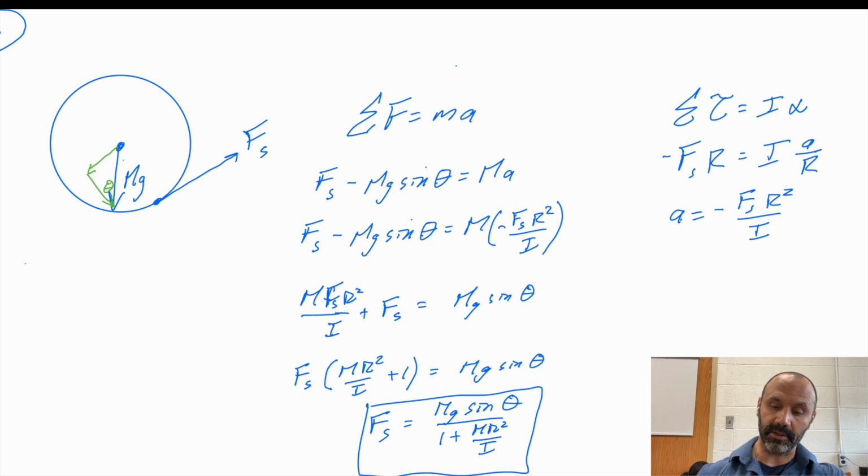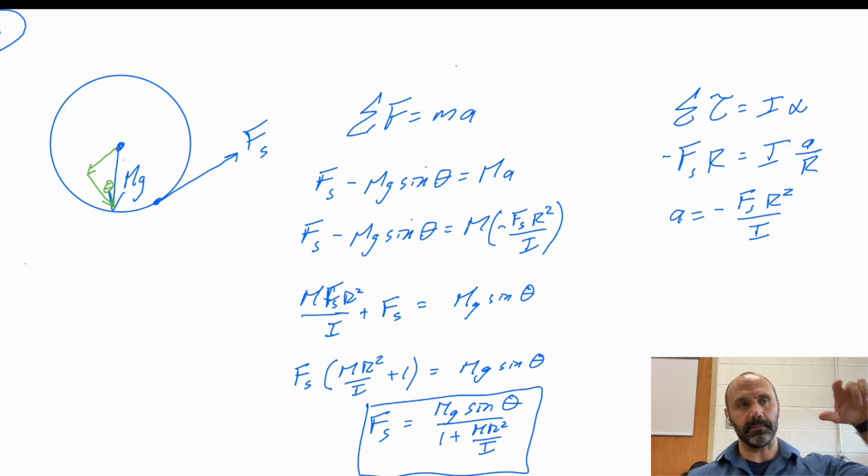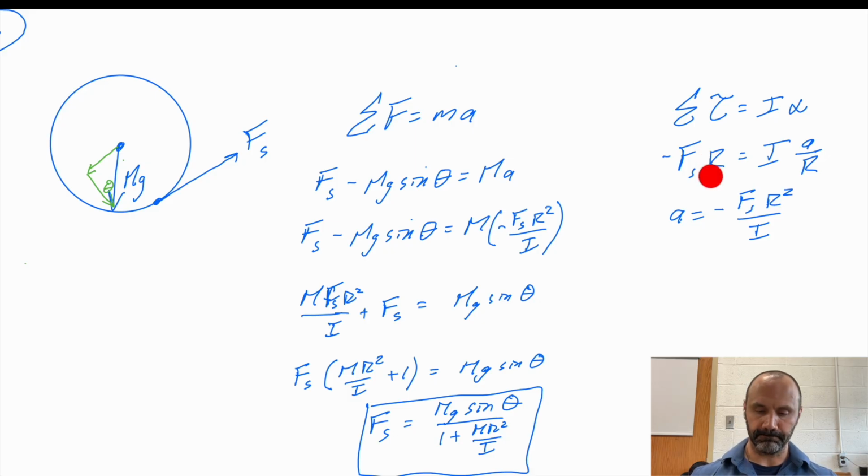So anyway, we have that, and then sigma tau, so the sum of the torques equals I alpha. Okay, what's the torque? R cross F. If we take the center of mass as the axis of rotation, then we have the friction force. That's what we want to find an expression for. So we substitute that in R cross F, but the order doesn't matter in this case because theta is 90 degrees, so sine of theta is 1.